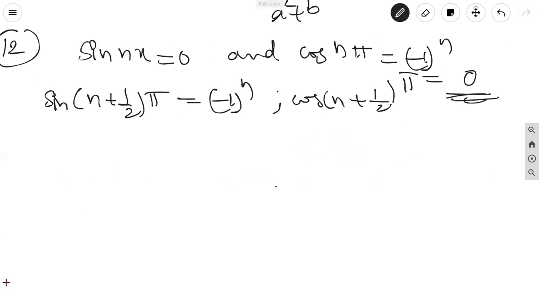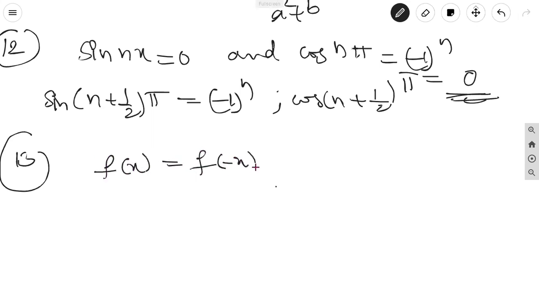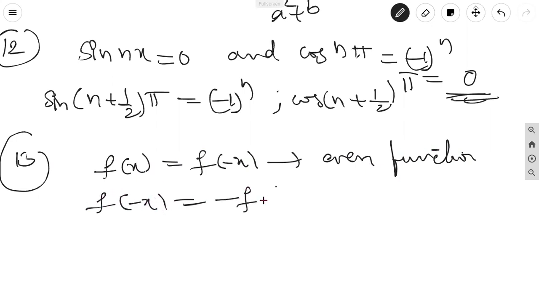Okay, 13th. Even and odd functions. What is an even function? f of x equal to f of minus x, this is called an even function. f of minus x equal to minus f of x, that function is called an odd function.